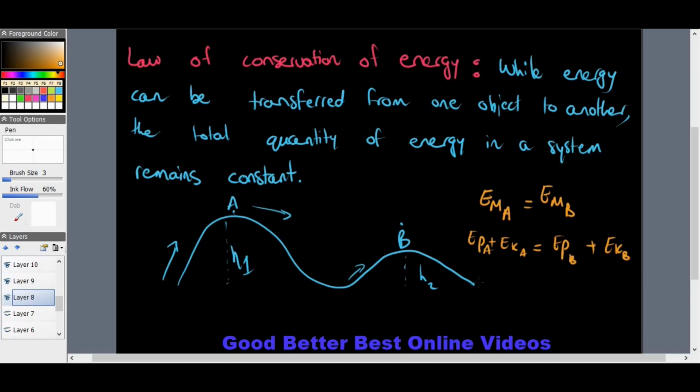So to write out this formula, mgh at A plus half mv squared at A is also equal to mgh at point B plus half mv squared at point B as well. And this is how we can find any of the missing variables if given a scenario.